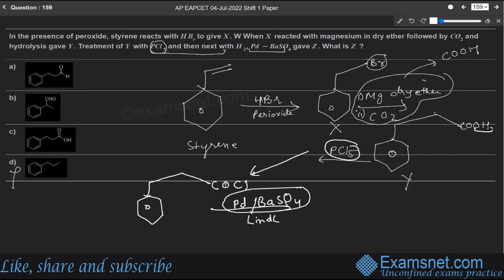This is a good question, I must say. Re-repeat this question, okay? So learn and re-repeat. Yes, what I was saying, this is Pd/BaSO4, Lindlar's catalyst. So that would give you directly an aldehyde. So what is the answer coming as?